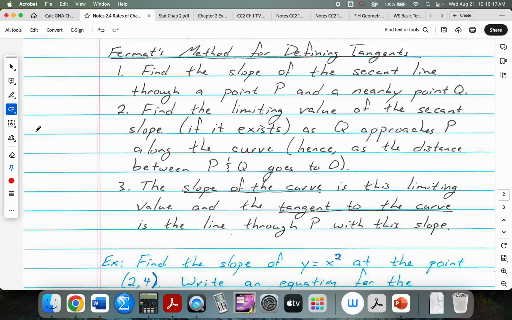So here's what's going on. Let's say we've got a curve that looks like this, and we're interested in the tangent line at this point P. What you do is write an expression for the slope of that secant line.